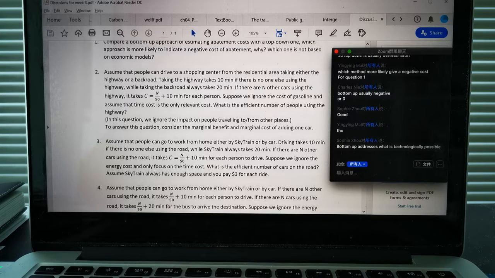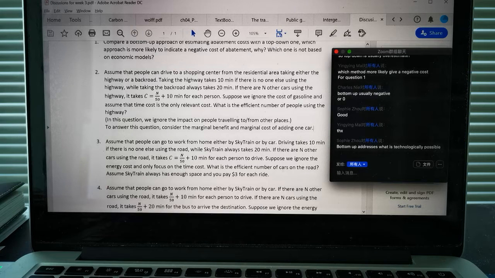Okay, now assume people can drive from one place to another, taking either the highway or back road. And taking the highway takes 10 minutes if there's no one else using the highway. And of course, this is a simplified model, right? Taking the back road always takes 20 minutes. So we just would like to focus on one point, the efficiency point.